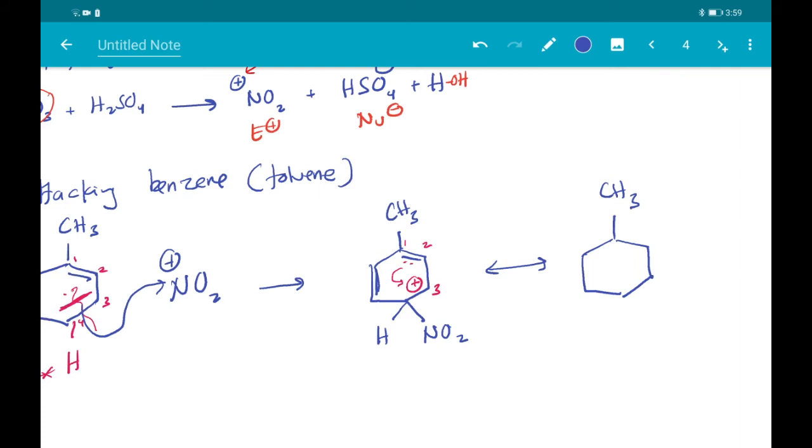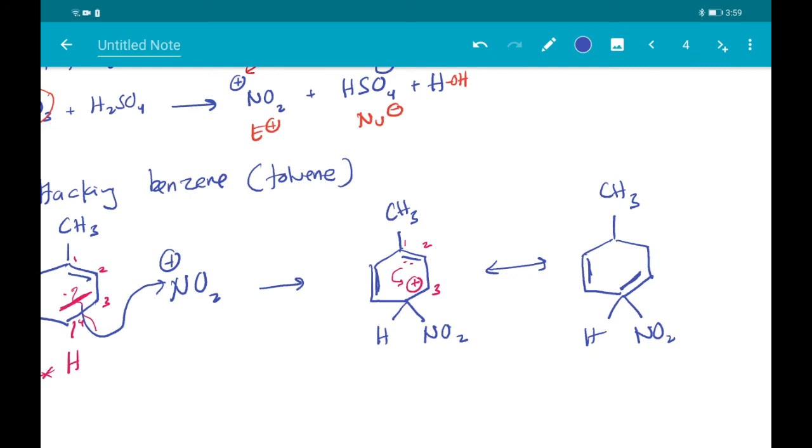CH3 will remain the same. The hydrogen and also the NO2 will remain the same. And then double bond between carbon number 5 and 6 and a newly formed double bond at 3 and 4 will be formed.